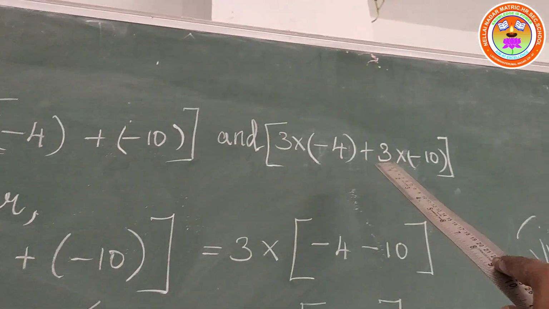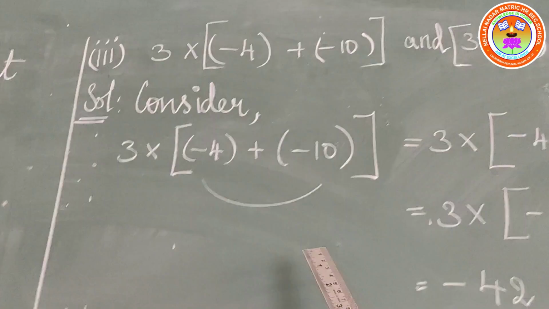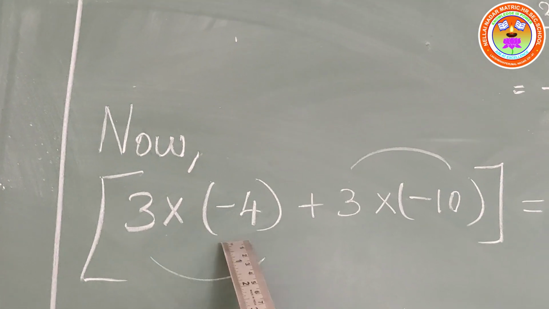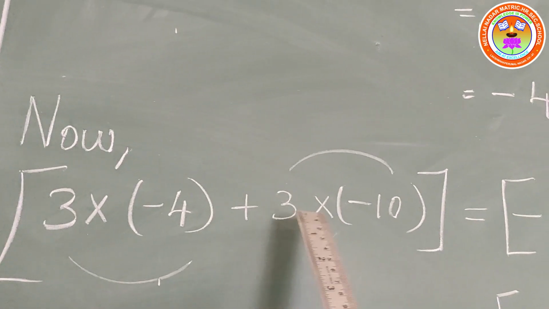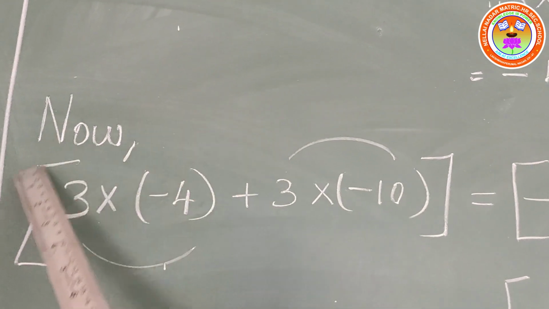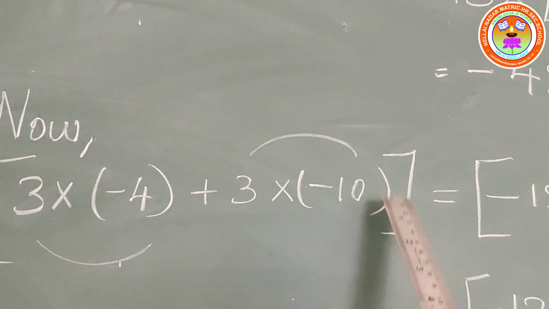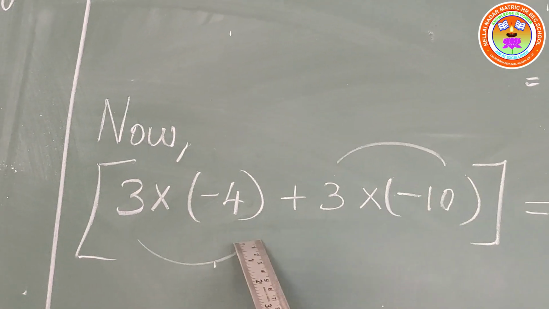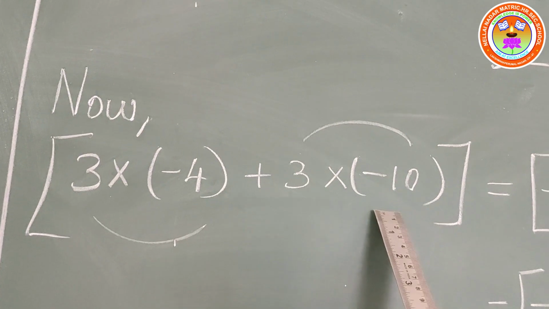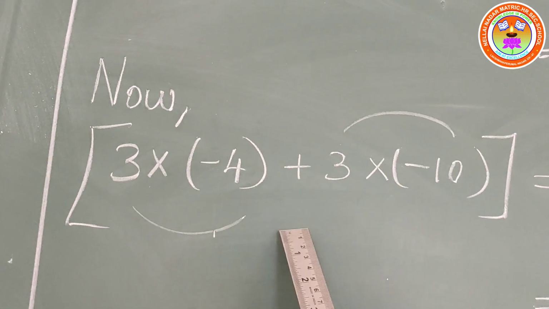Now we will take the second part of the question. So what is the second part of the question? 3 into minus 4 plus 3 into minus 10. Okay, so this is the second part of the question. Now I have to multiply 3 and minus 4, then 3 and minus 10, and together I have to add them.